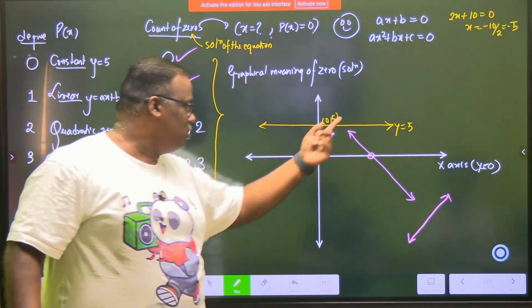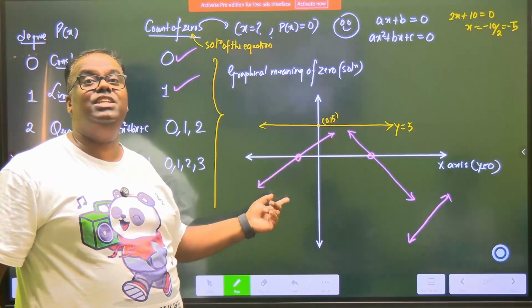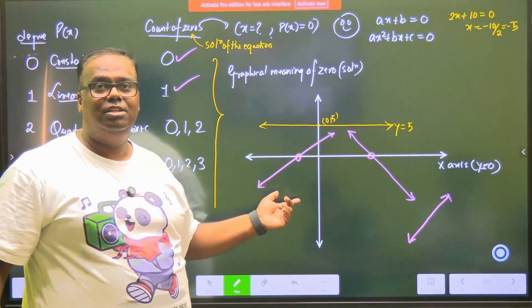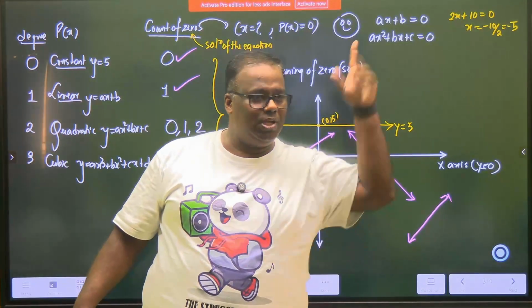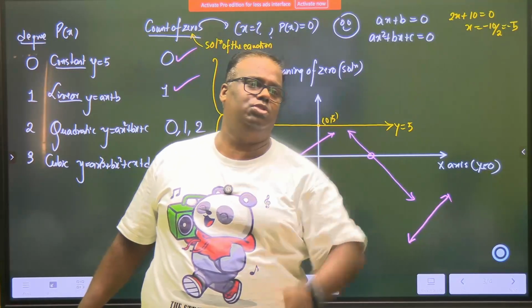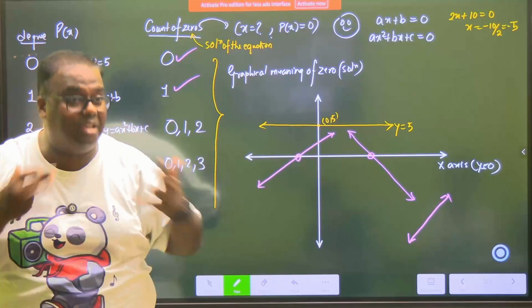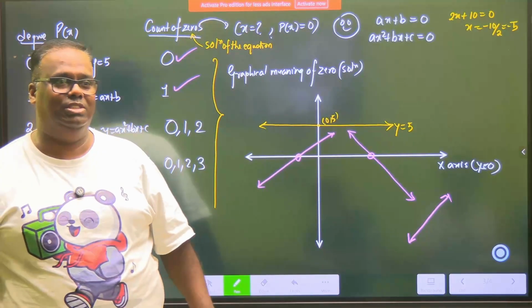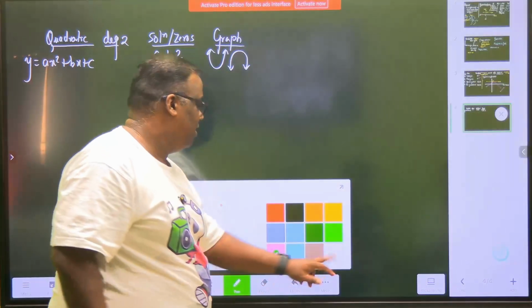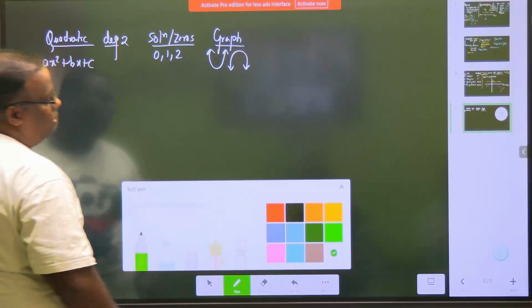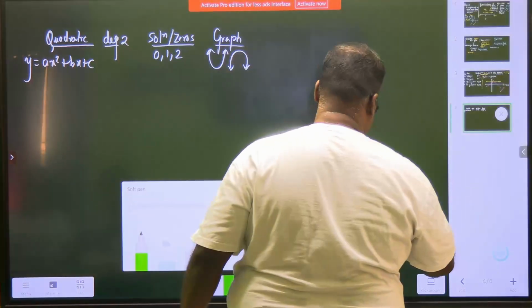And it can also pass through the origin. Suppose you take a graph y equal to x. Y equal to x passes through the origin. Origin is the solution. Agreed? Okay. Next. Graph can be in this manner or in this manner. Is this fine? All okay?